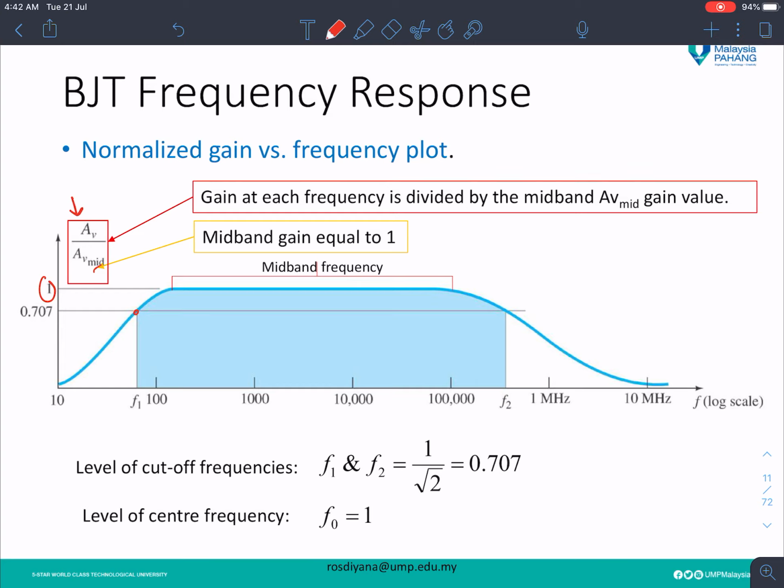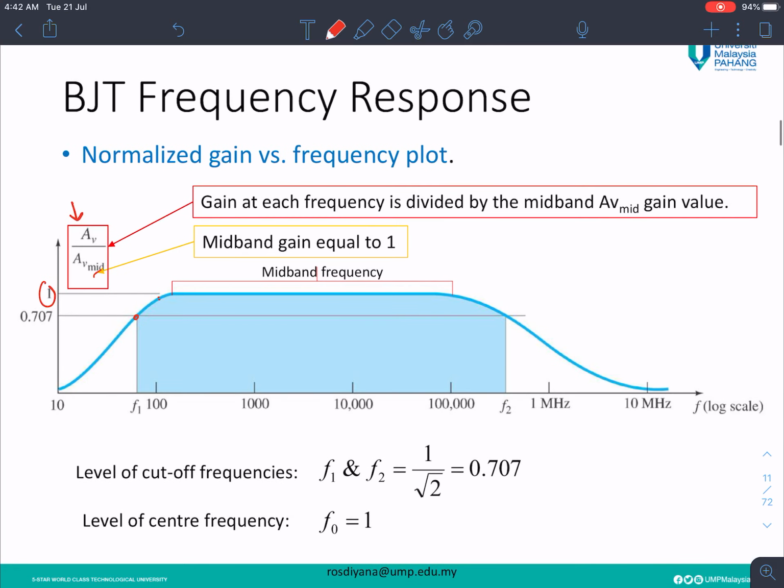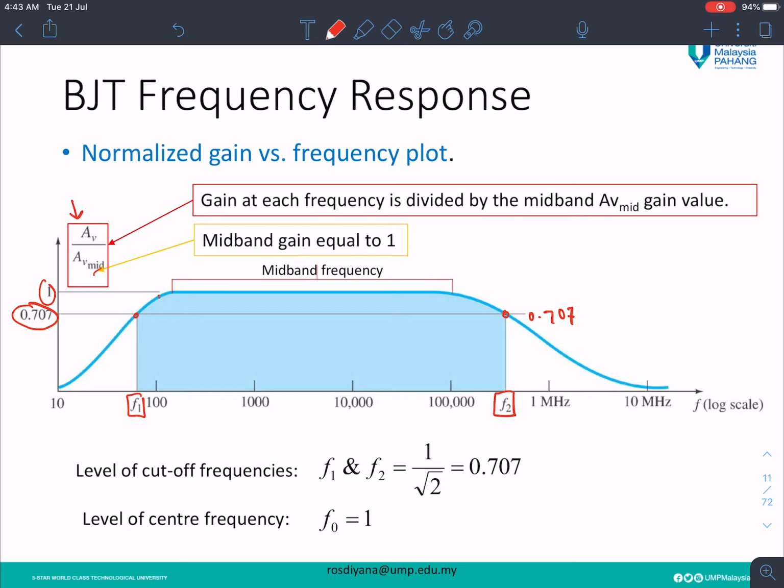It will start to reduce at the cut-off frequency, and at this point the value of the gain is 0.707. The same goes for the high frequency. This is the high cut-off frequency, and again the gain starts to reduce to 0.707.